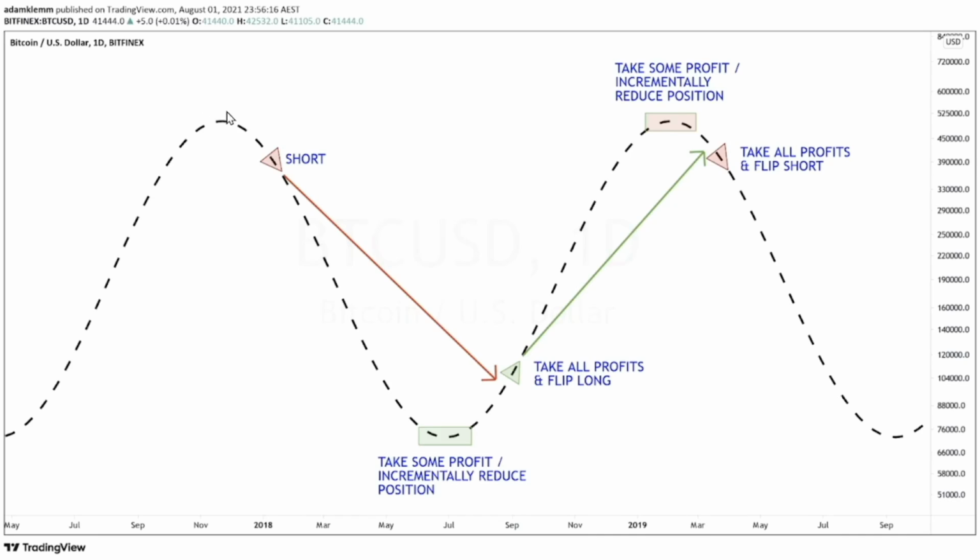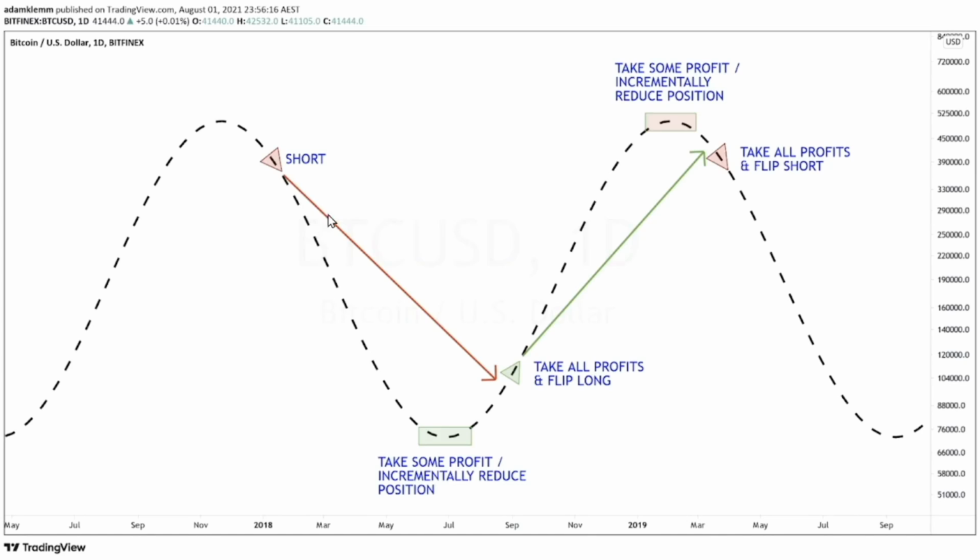However, what we look to do is, if we're trading up and we're taking profit, we look to then short and reverse the direction that we're betting on the market so that we make money as the market declines. If you've never shorted the market before or you're unsure what shorting is, please look that up. It's essentially betting on the decline of the market, so you're making money when it goes down instead of making money when it goes up.